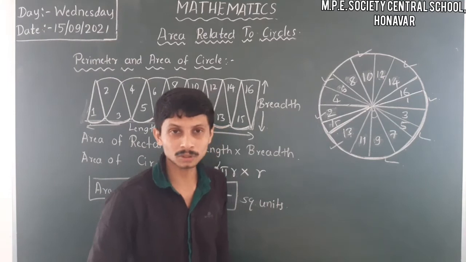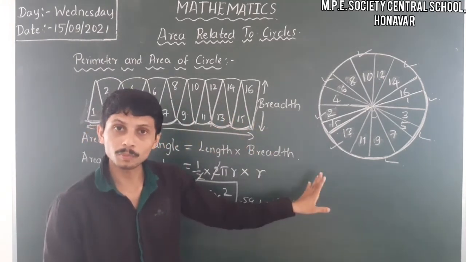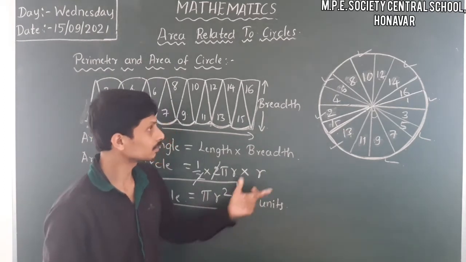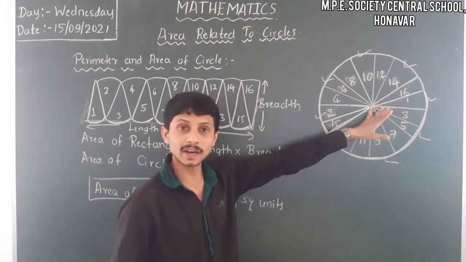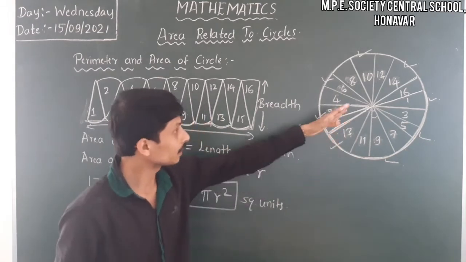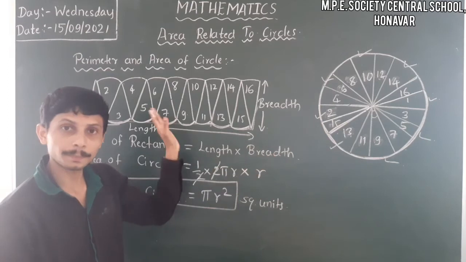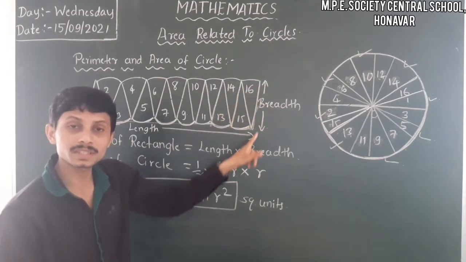So this is about the area of the circle, how we found the formula to find the area of the circle. We divided the complete area into a number of parts, then we arranged the parts one after the other, and this forms a rectangle.